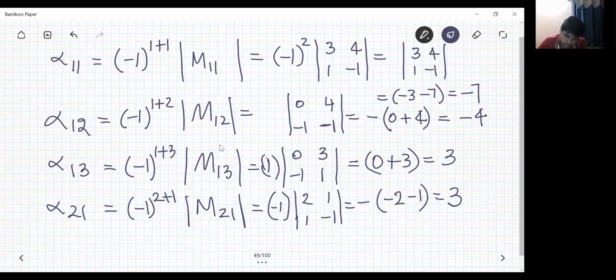See, here you have to write minus 1. Here you can write plus 1.